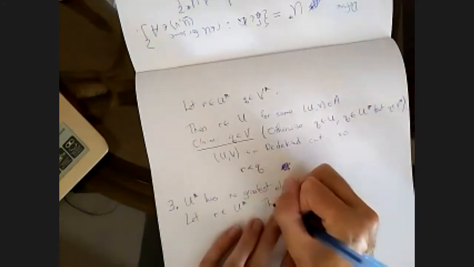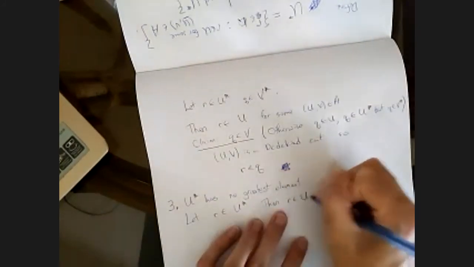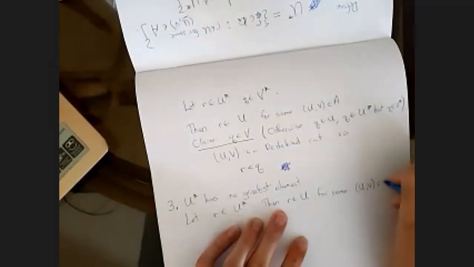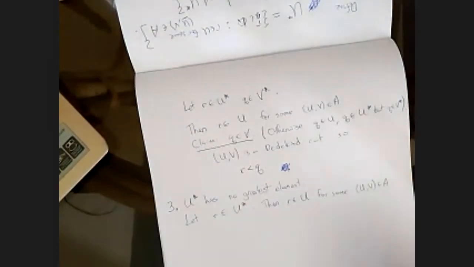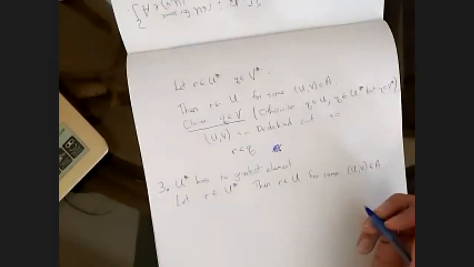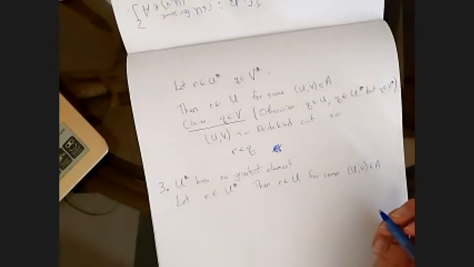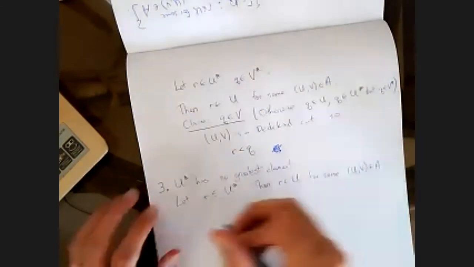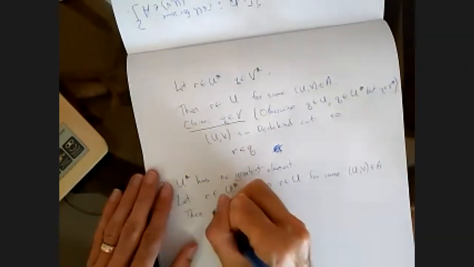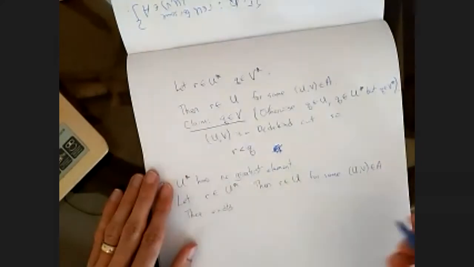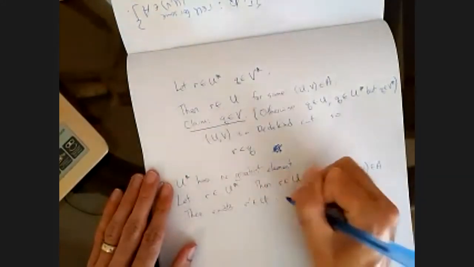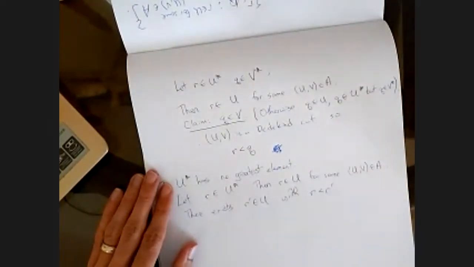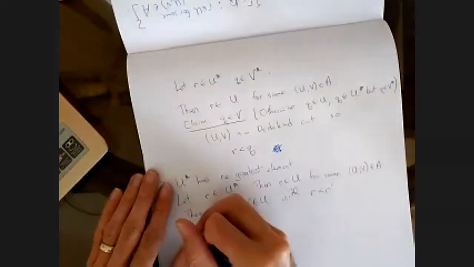Then R is in U for some UV in A, right? That's the definition of U star. But UV is a Dedekind cut, so U has no greatest element. So there exists R prime in U with R less than R prime. And of course, R prime is also in U star.